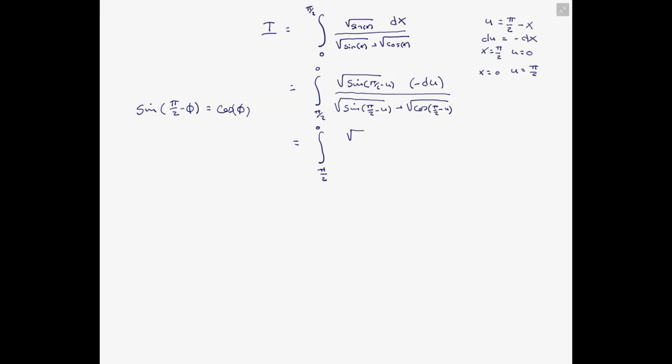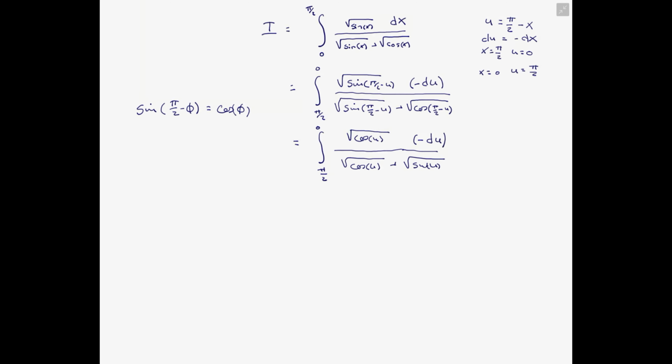Okay, so here in our arguments, we know that sine of pi on 2 minus phi is equal to cosine of phi. And that's just one of the very early trigonometric identities that we learned using right triangles.